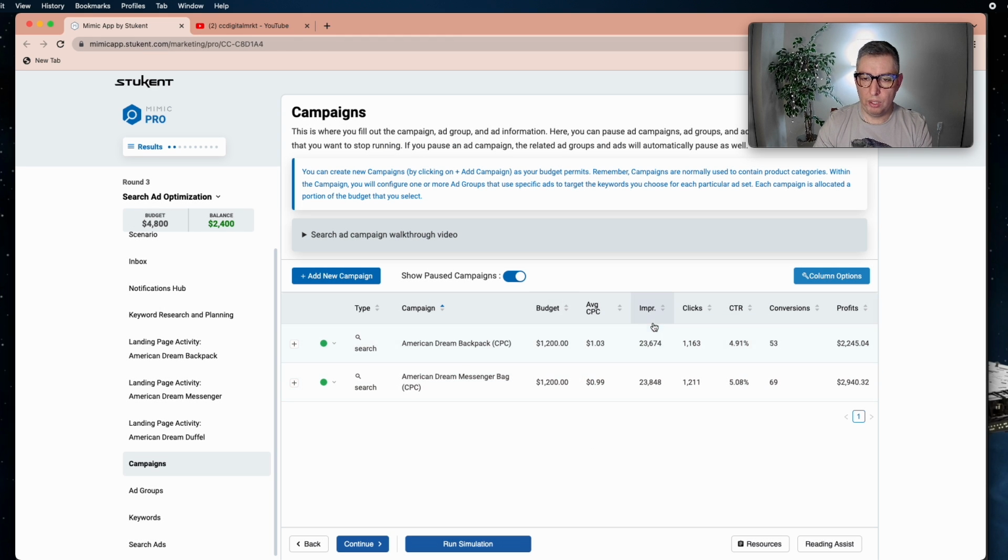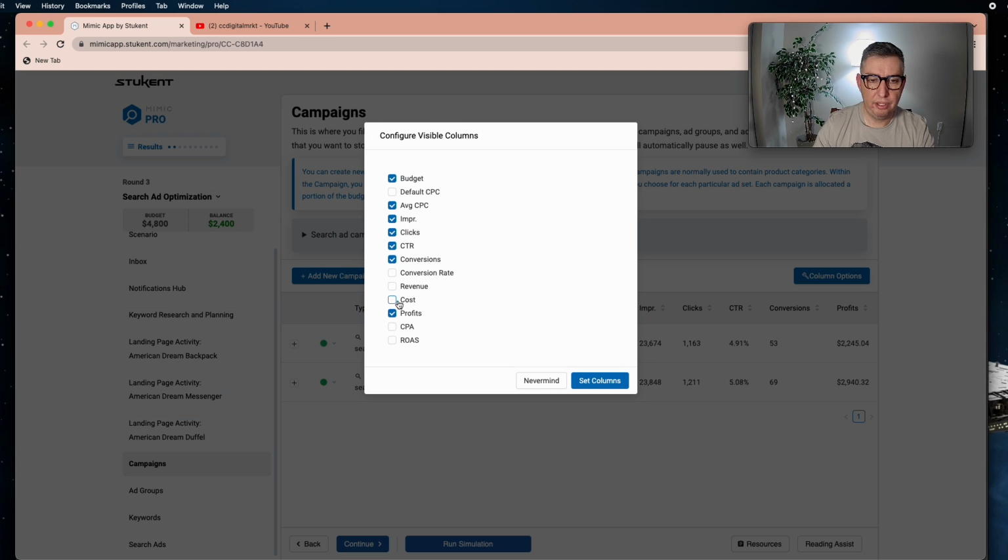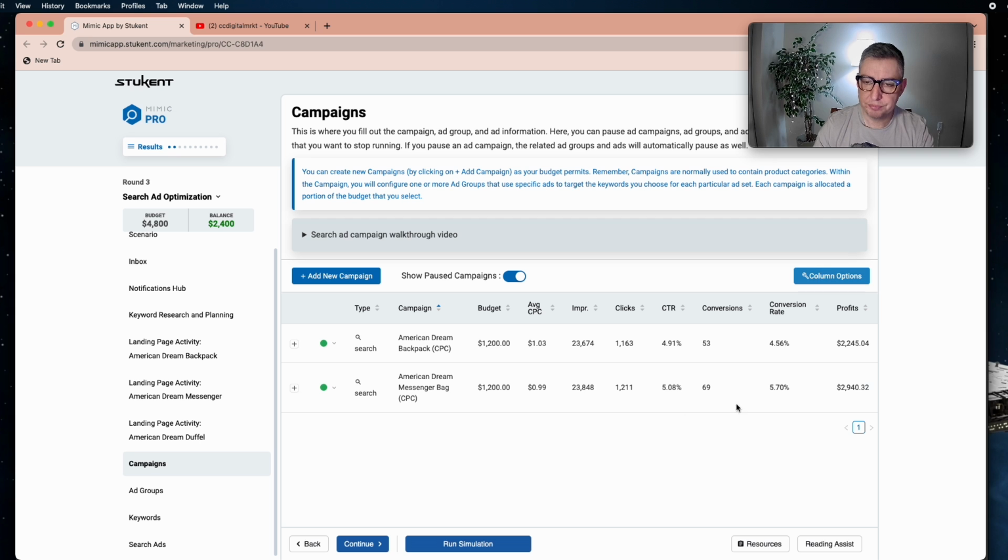You will see which one got better results on impressions. The second one got a little bit more, like 200 or so. Clicks are pretty much the same as well, a little bit more for the second one. But for the click-through rate, remember the average is 3 point something. I'm going to add the conversion rate as well.